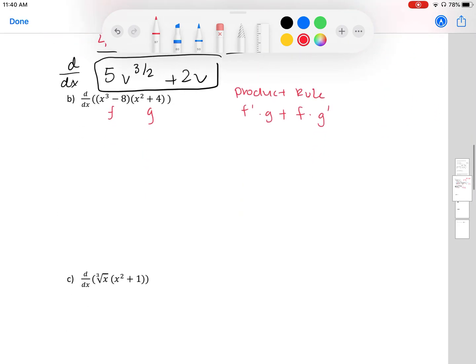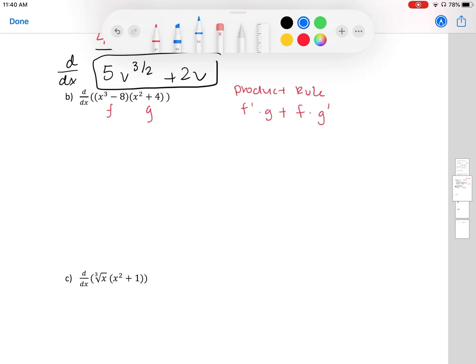Now, I know it's not so bad, but it's new to us. So every time you use product rule, write it down. Write down the formula, write down what it's called. It will help you remember.